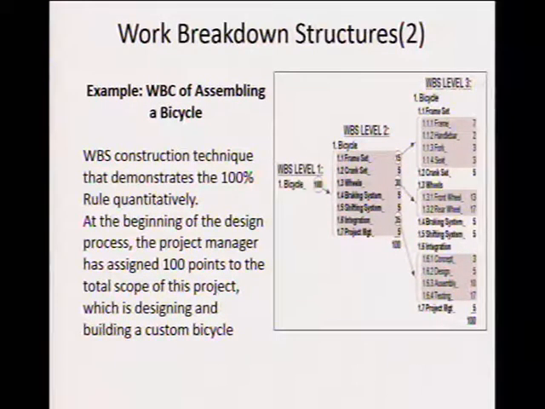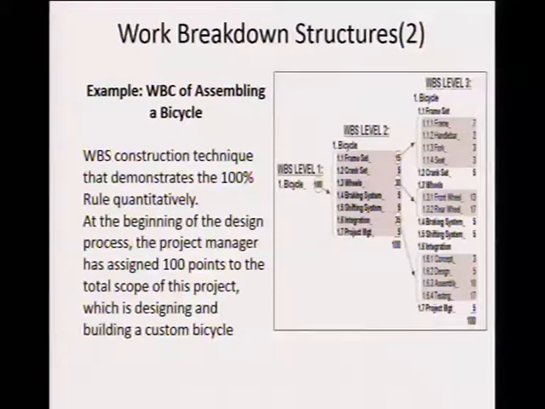Say you want to assemble a bicycle, and you want to make sure that you are going to have the bicycle itself. You will see for a work breakdown you have 3 levels. The first level is the 100%. Each level is having 100%. You want to have the bicycle itself. Now the second level, to have a bicycle, you have to have different components.